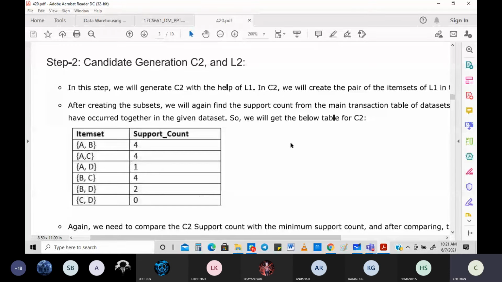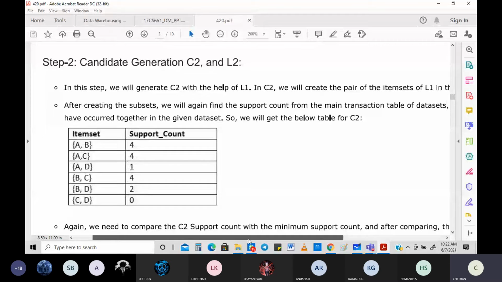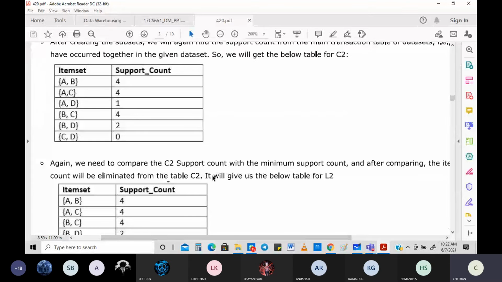Then what's the next thing? We need to figure out the support count of it, which is L2. Wherever you got 2 or more, we'll keep. Wherever it is less than 2, we'll just throw it out. So what is going to happen? Very clearly, again we need to compare the C2 support with the minimum support count, which is nothing but 2.